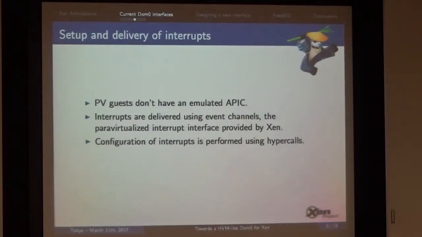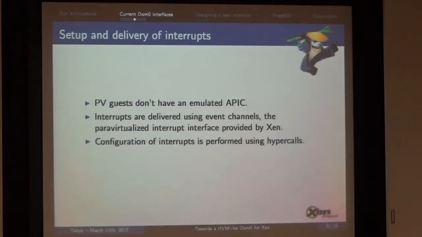So on Xen, as I said before, we don't have a local APIC, so basically the way we deliver interrupts inside of the guest is completely different. We use something that we call event channels. That's a virtualization technique of interrupts, and we route physical interrupts over these event channels. Basically the event channel is no more than a bitmap in memory that Xen will modify in order to notify the guest of a pending interrupt, and then it will also send a proper notification in order to make the guest aware that there's been an interrupt delivered on that map.